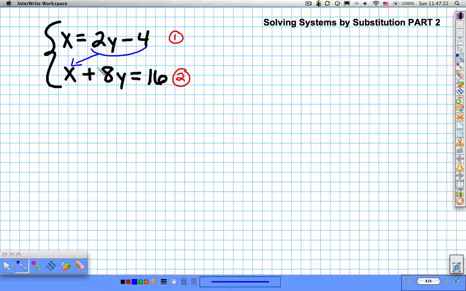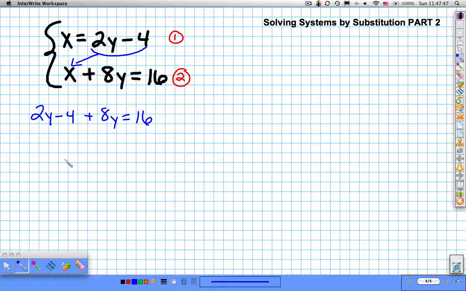So when I do that, now remember, when we substitute this whole quantity in for x, we still have the rest of equation 2. So when I substitute this in for here, I get 2y minus 4 plus 8y equal to 16. Don't forget about the rest of equation 2.